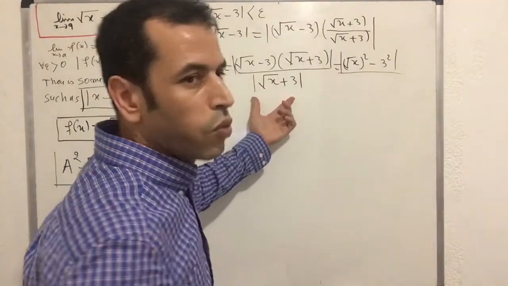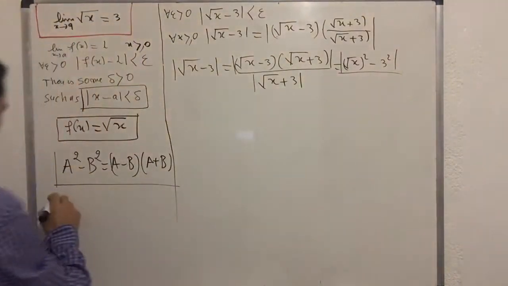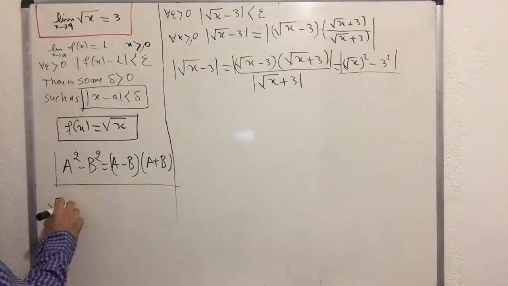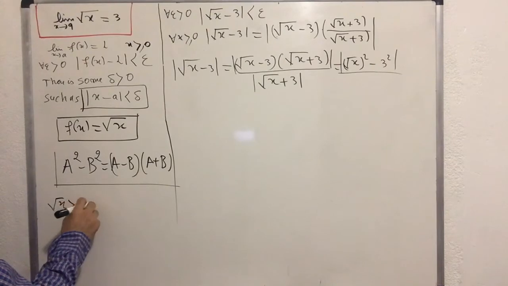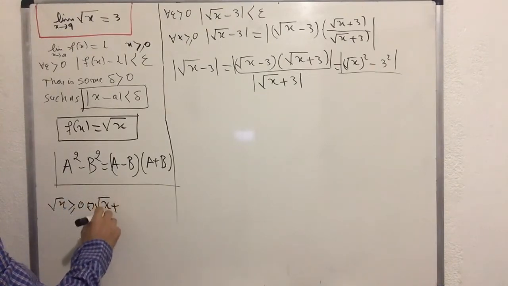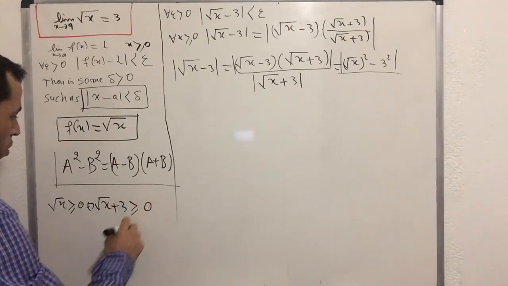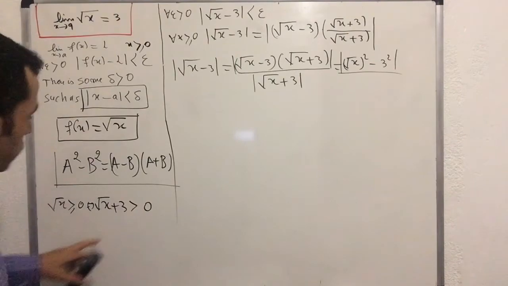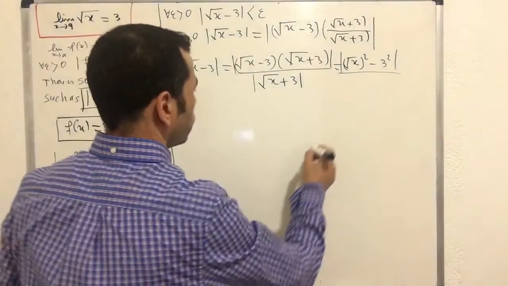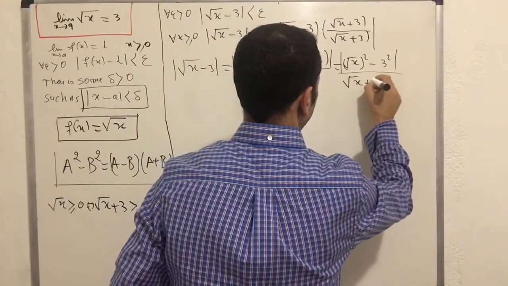We can remove the absolute value because this number is positive. As you see, the square root of x is always positive, so the square root of x plus 3 is positive as well. So we can remove the absolute value because of the positive sign.